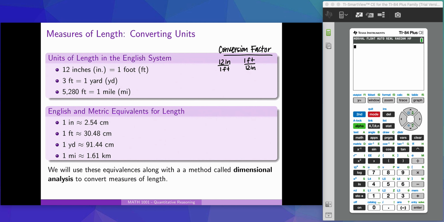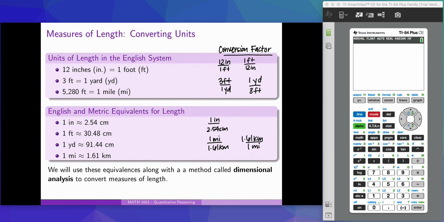If we were writing other conversion factors, 3 feet is the same as 1 yard, or we could say 1 yard is the same thing as 3 feet. Going down here with the English and metric equivalents, we could say 1 inch is approximately 2.54 centimeters. 1 mile is approximately 1.61 kilometers, or 1.61 kilometers is approximately 1 mile.